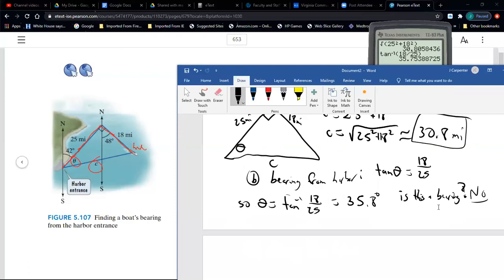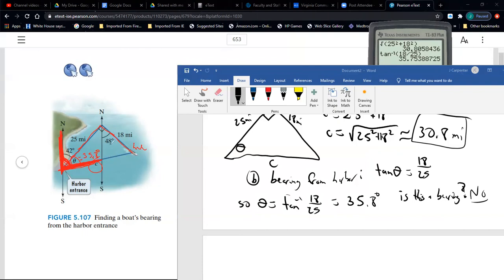So this theta we know is 35.8 degrees. The actual angle we are trying to find is this. This is the bearing angle because we have to go from north to east, or south to west, if that's how it was positioned.